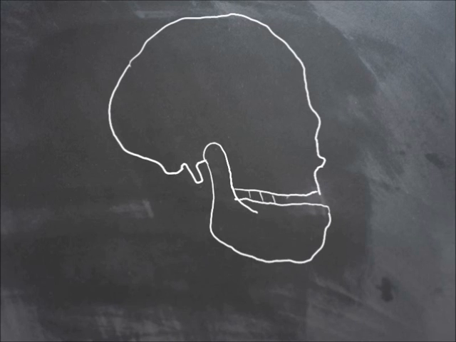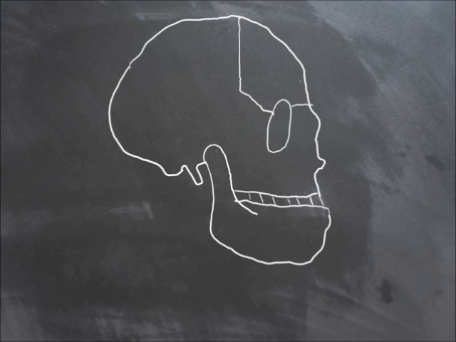Teeth. Here we have the frontal bone, just here. Right here, this here is your nasal bone.